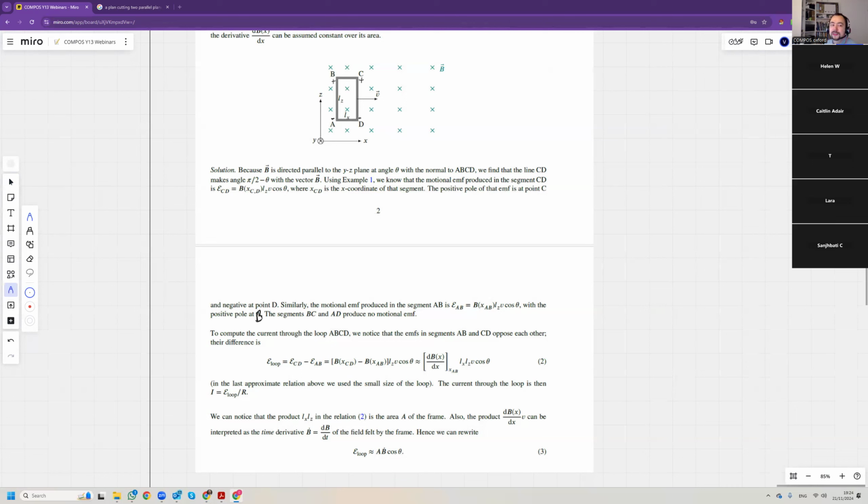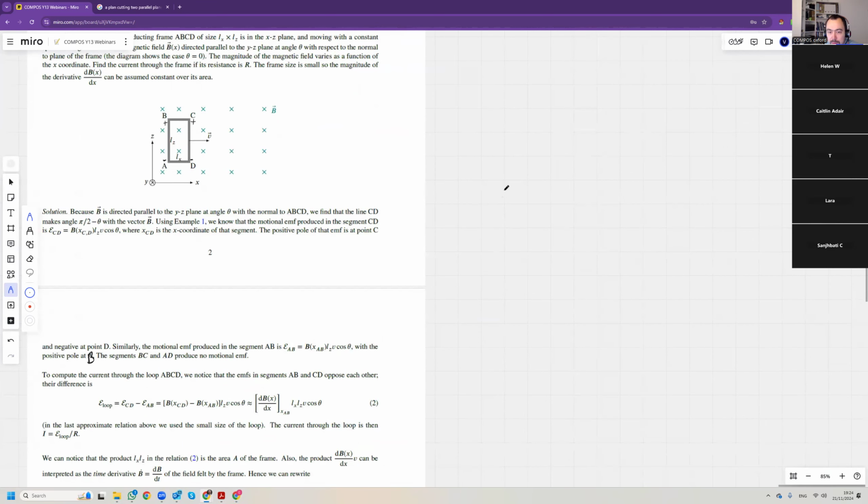No, no, it's a function of x, but it just increases. Can you draw what angle pi over 2 minus theta is?